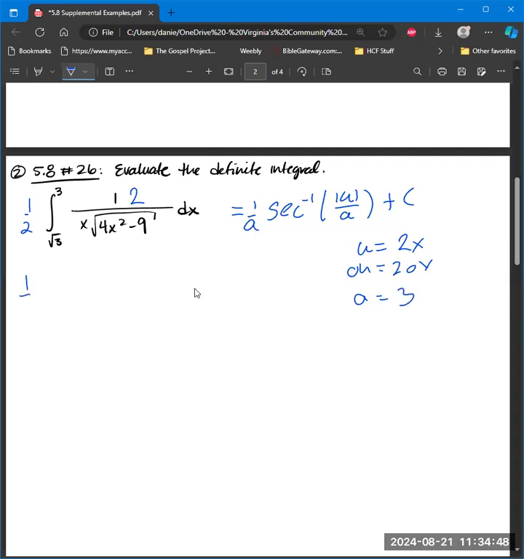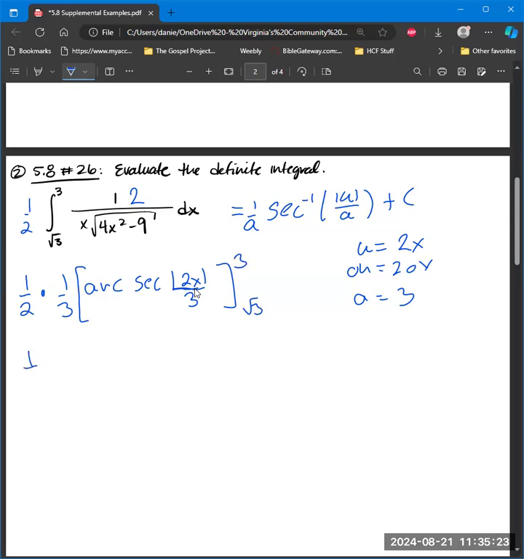So this is 1/2 times 1 over 3 arcsecant of the absolute value of 2x over 3, and then all this is going to be evaluated from square root of 3 to 3.